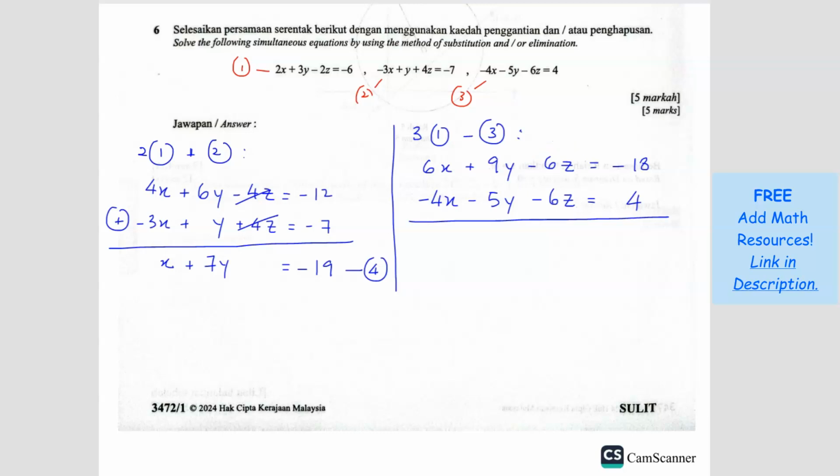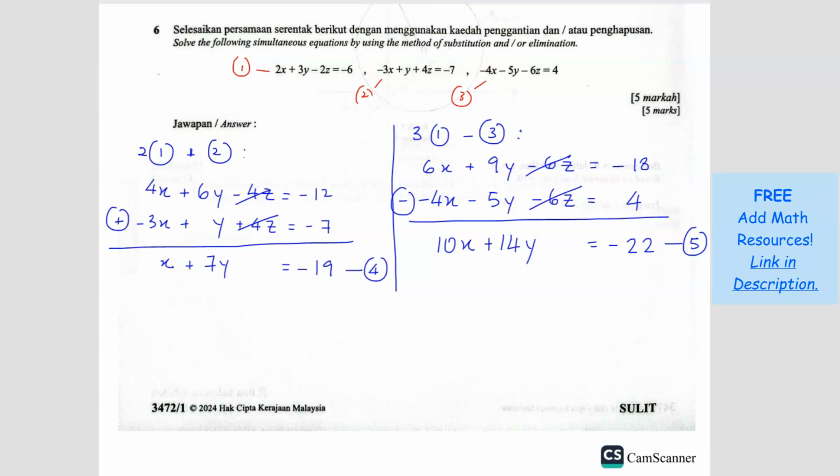Same sign is positive, you do the opposite, means minus. So this one you can cancel. 6x minus -4, I get 10x. Then 9 minus -5, I get positive 14y equals -18 minus 4, I get -22. This is my fifth equation.